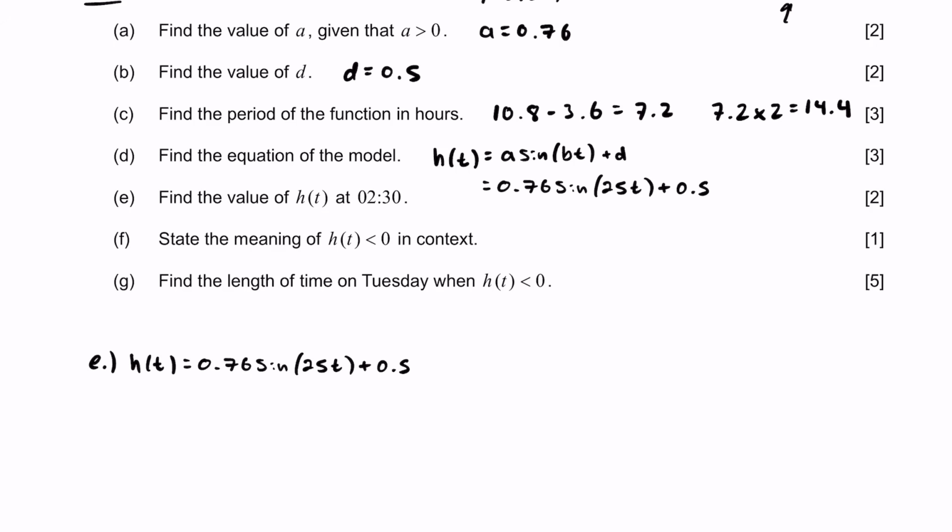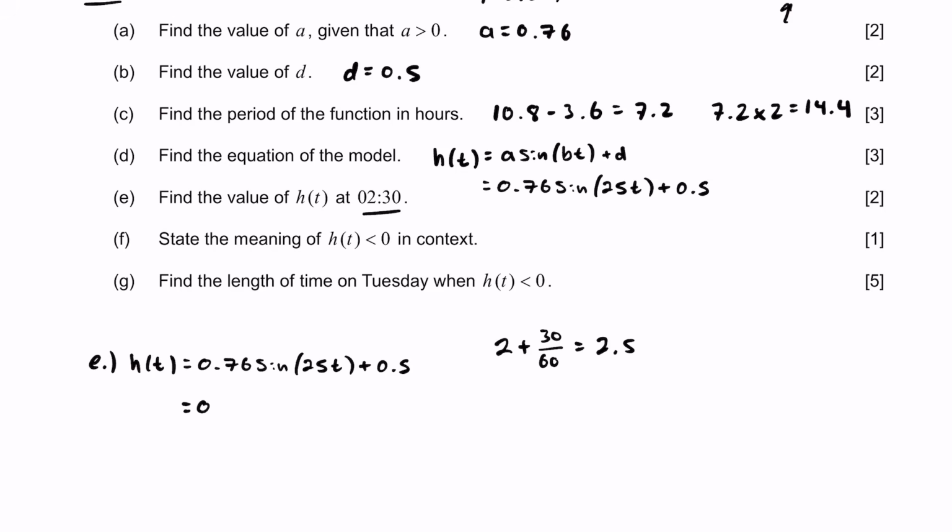Okay, so first off, what's our input? 2:30, we're going to have some problems because we have a colon and not a decimal place. If we wanted to convert 2:30 into a decimal, we have 2 hours plus 30 over 60, or essentially 2.5 hours.